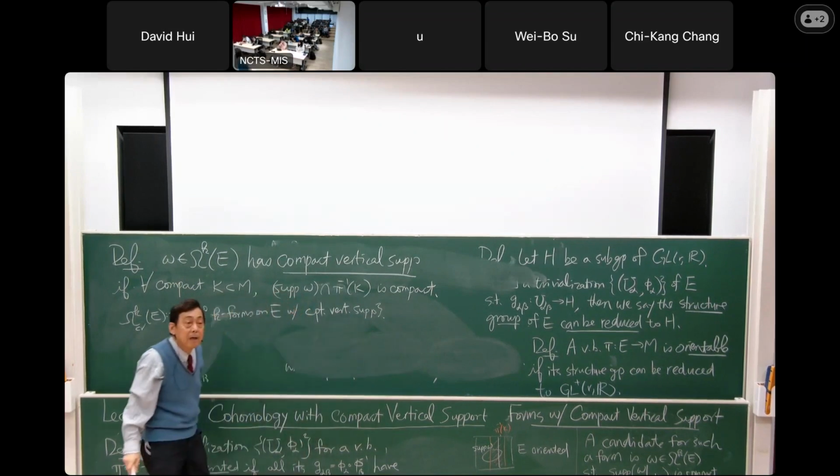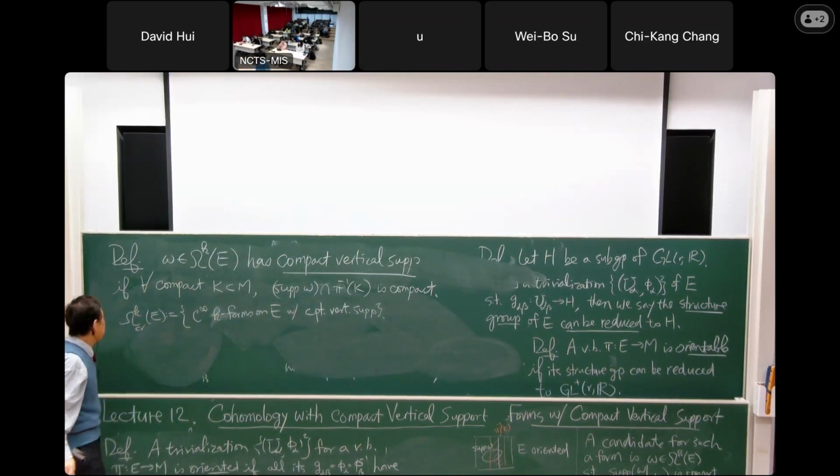Okay. Now, you can check that the exterior derivative will take a form with compact vertical support to a form with compact vertical support. And that this forms an algebra.